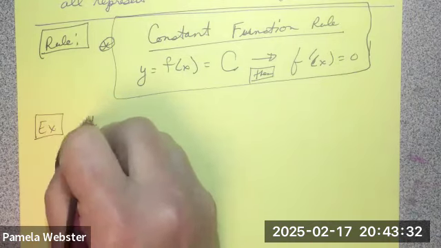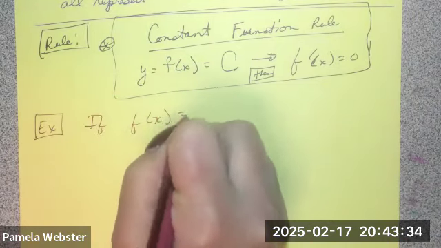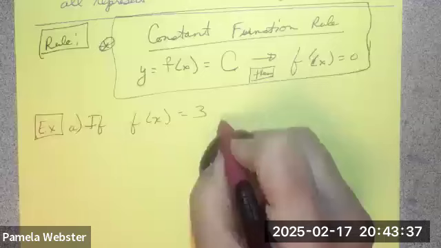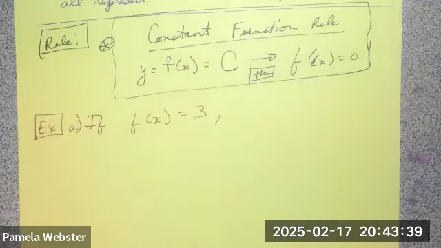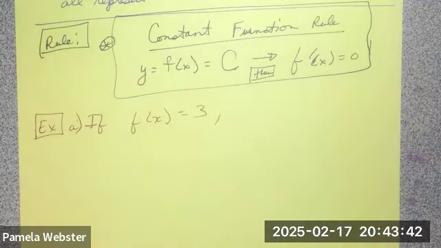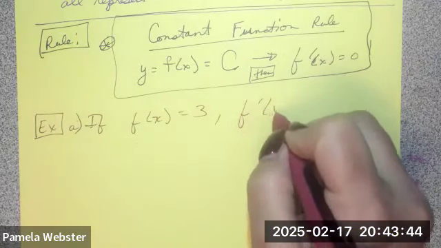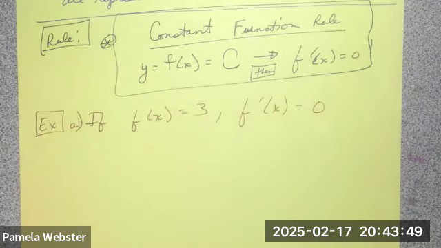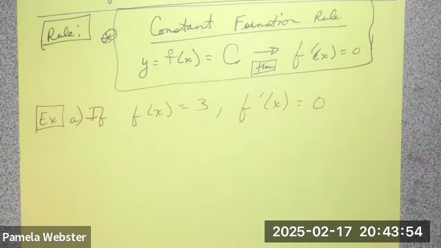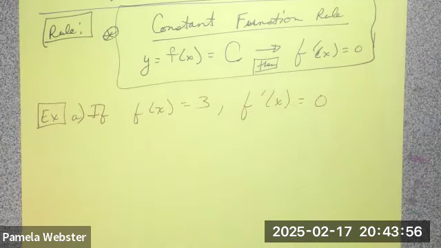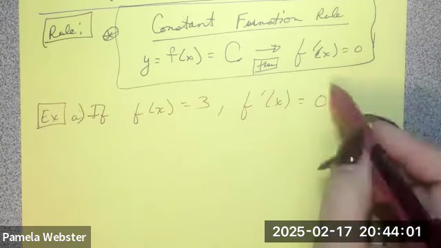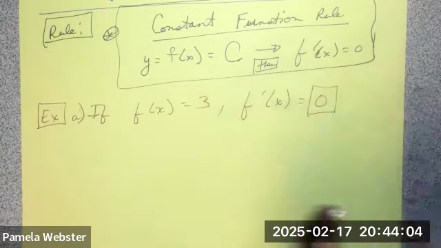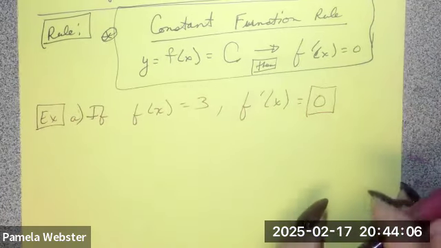If f of x equals 3, this is part A. If f of x equals 3, and I tell you that, then you're going to tell me my derivative f prime of x equals 0. Done. The idea here, and I'll actually explain it to you after we have the power rule in a minute, is that certain things happen every time there's a constant that makes this be 0. You don't have to think about it.